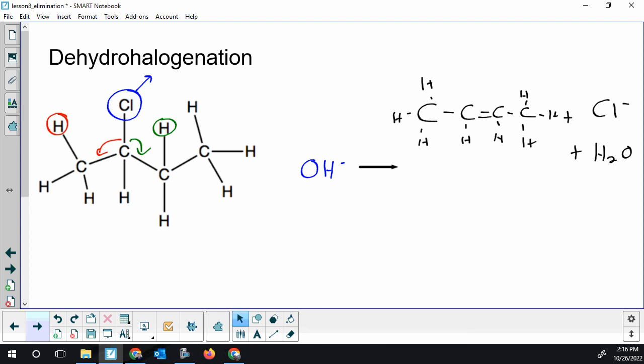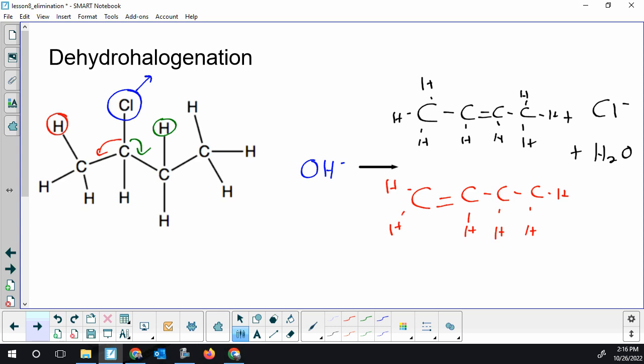The red version, we're now putting the double bond in the very first position. And I need to be careful, 4 bonds on all the carbons.